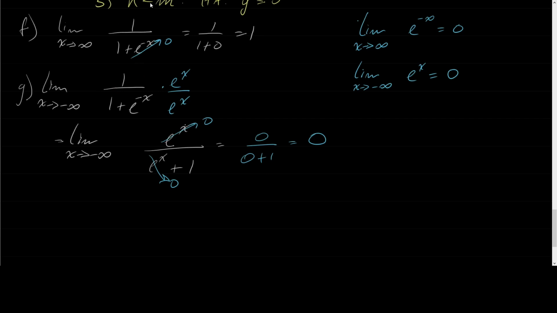So what we found here is that the function, so I'll make a note here. Note, f of x equals 1 over 1 plus e to the negative x has two horizontal asymptotes, all right? And in fact, that's the most amount of horizontal asymptotes you can have.